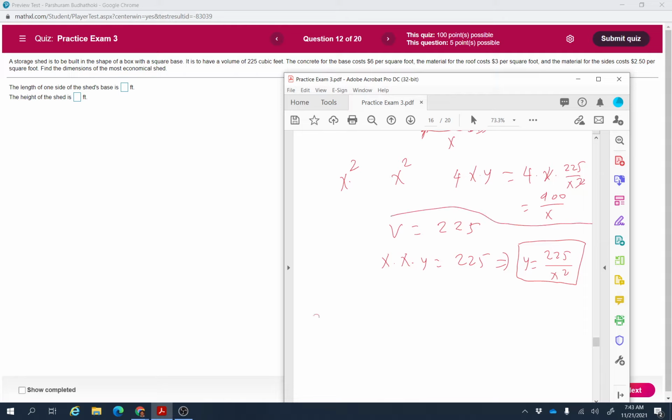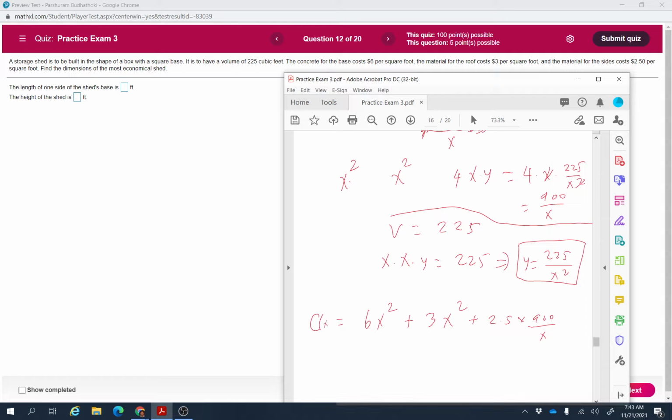Now the cost can be calculated by multiplying the area of the base by $6. That's what we have been given: $6 for the base, $3 for the roof, and then $2.5 for the 4 walls. The area of the 4 walls is 900 divided by x, so if you multiply 2.5 times 900 divided by x, that will be the cost for the 4 walls.